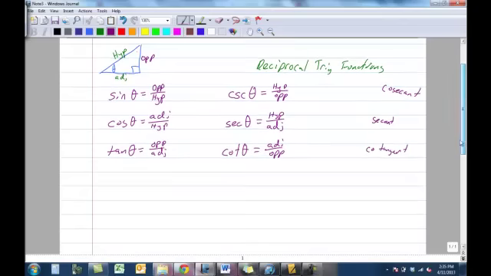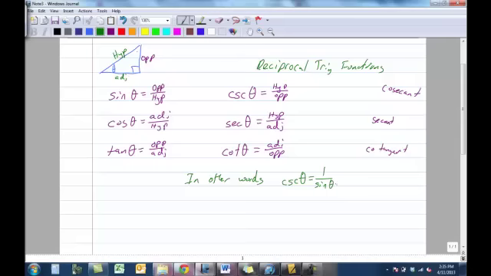I said that cosecant, secant, and cotangent were all reciprocal functions. In other words, opposite over hypotenuse is reciprocal to hypotenuse divided by the opposite, right? In other words, the cosecant of theta is the same thing as 1 divided by the sine of theta.